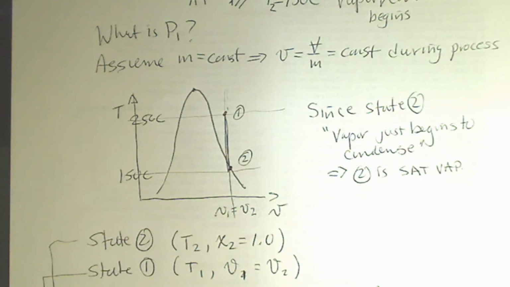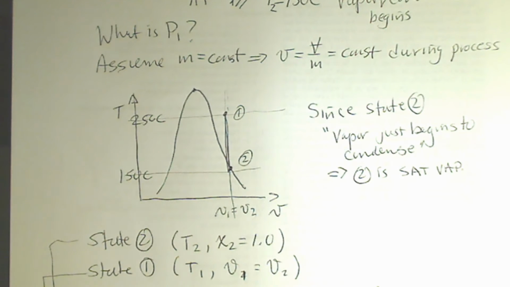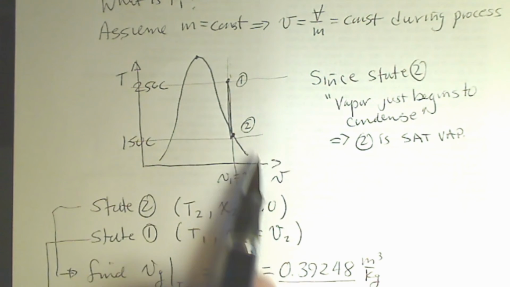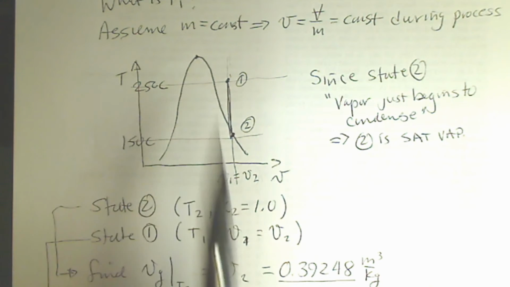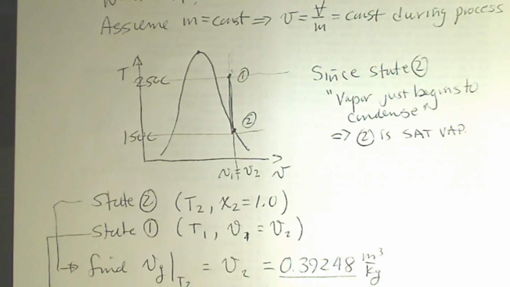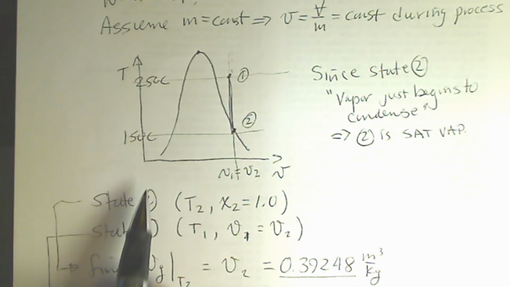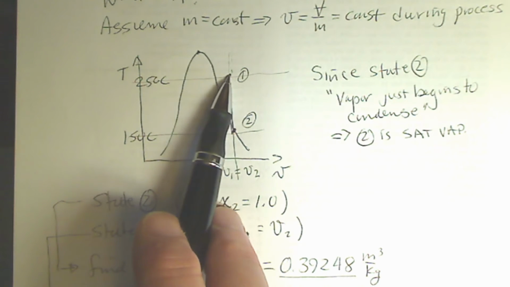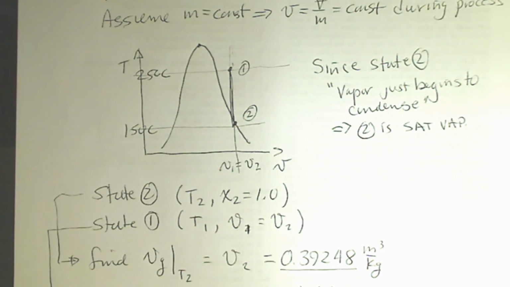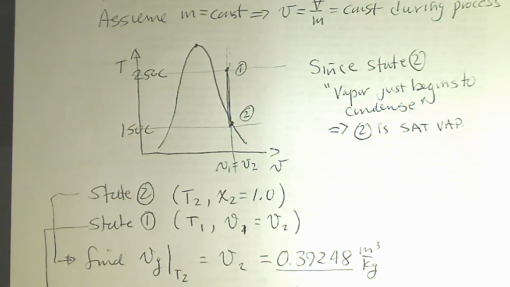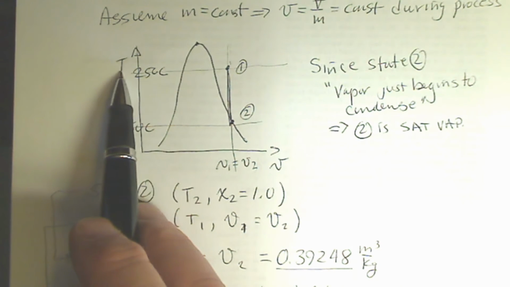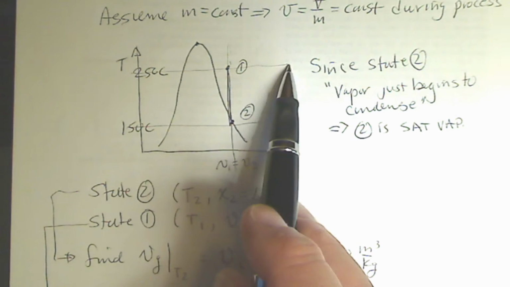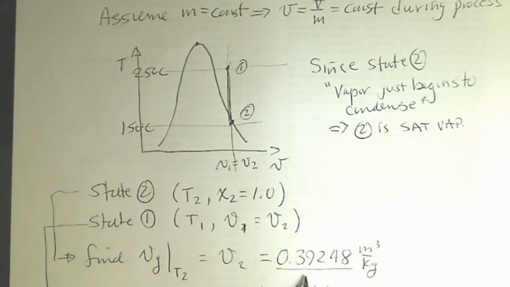Because the property diagram that I've created clearly shows that state 1 is in the superheated vapor region because of the shape of this two-phase region. So I'm looking in the superheated tables for a place where at the temperature equal to 250, the specific volume is equal to 0.39248.